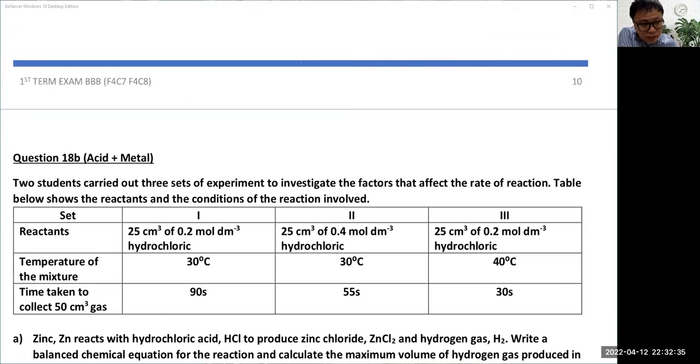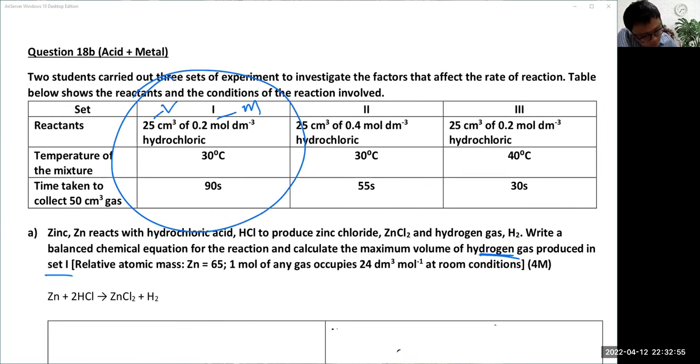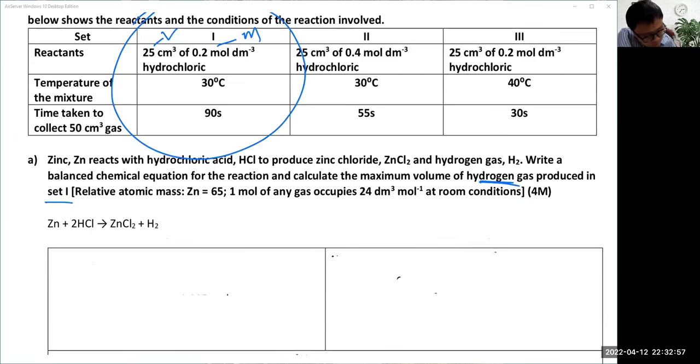Then we try the second question to see the difference. Same thing here. It is also zinc plus hydrochloric acid. So first thing, write down a chemical equation first. Then what they want now is to calculate the maximum volume of hydrogen gas produced at set 1. So look at set 1 here. This is your M, this is your V. So use MV over 1000 to get your number of mole.